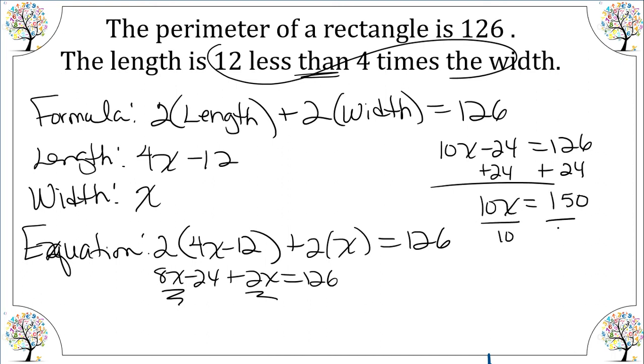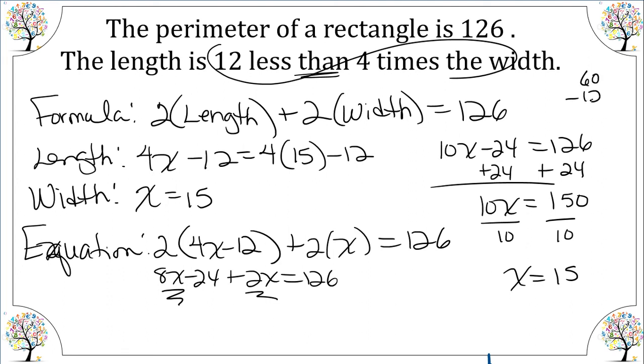We're dividing by 10 and x, which we defined as the width, is 15. To get the length, you plug it in for x. We know x is 15. 4 times 15, that's going to give us 60 minus 12, that's going to be 48. So our length is 48.